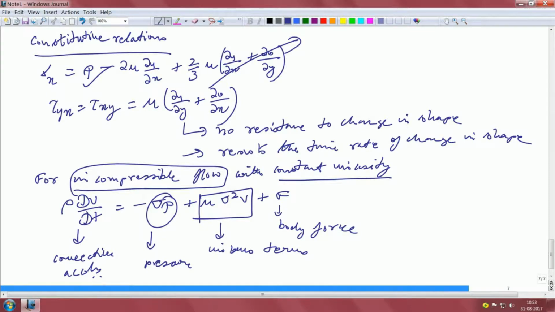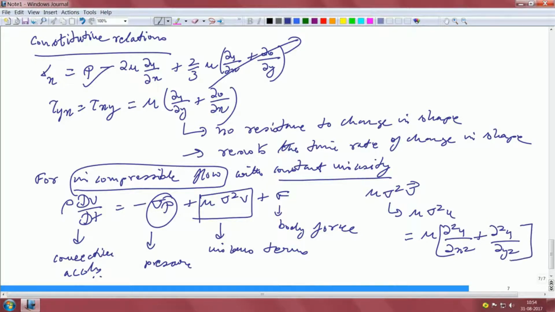So, if you do the math after that, you will get that this is the most compact form of this equation. Now, mu del squared V, which is basically the viscous term. Now, for the x direction, it can be written as mu d square u dx square plus d square u dy square. So, that is basically the Laplace of the velocity field, and this is the body force term.